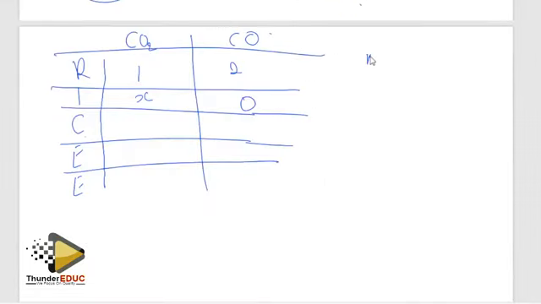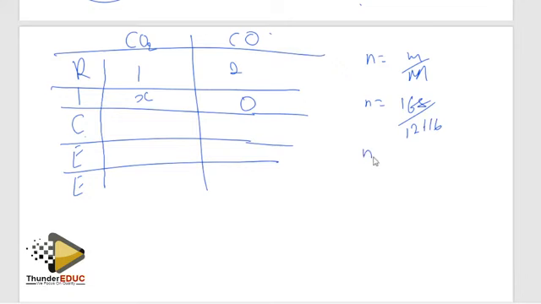Carbon monoxide number of moles is equal to mass over molar mass, of which number of moles is going to be 168 over molar mass of carbon monoxide, which is 12 plus 16. You understand? So which gives me 28.